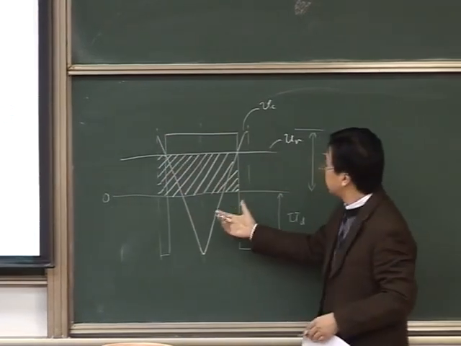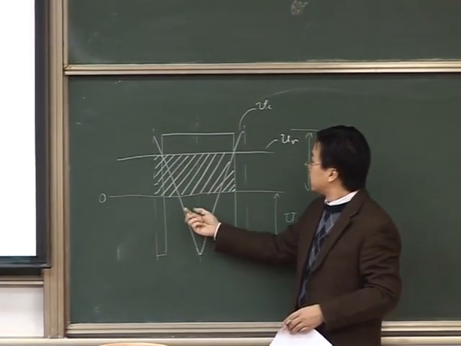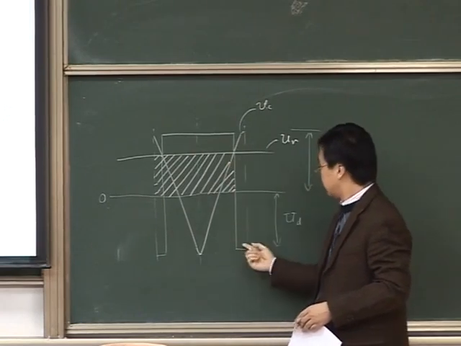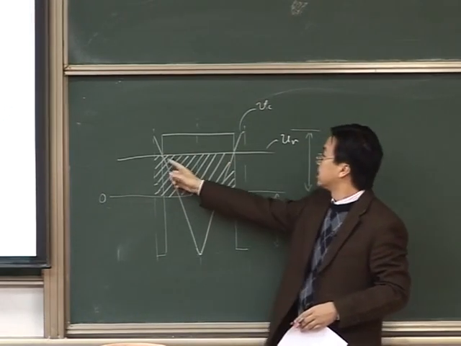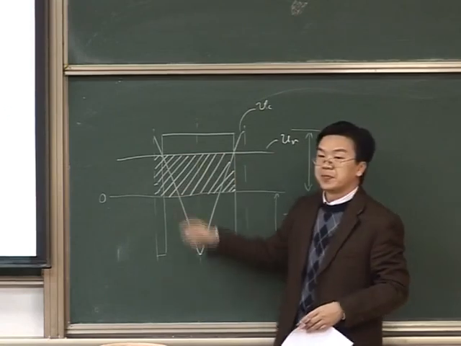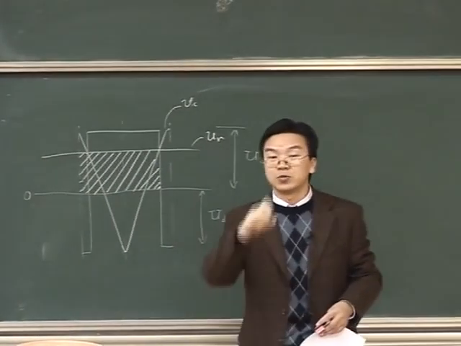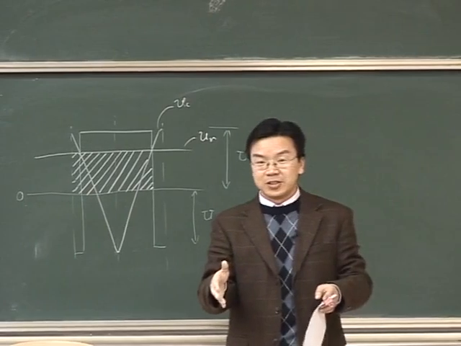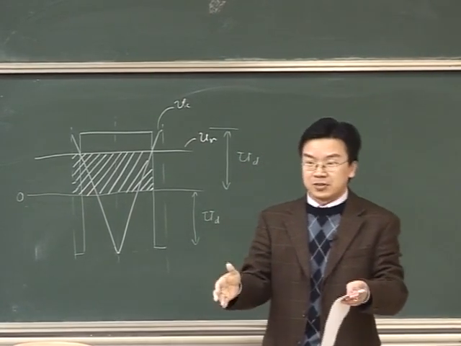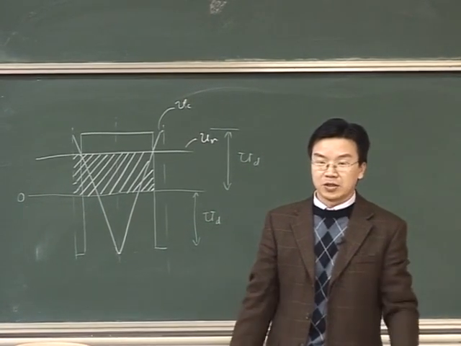I'm trying to prove that the area of this green pulse is the same as the area of this shaded area from the sine wave, right? That's what I want to prove. If I can do that, then that's following the equal area theorem.